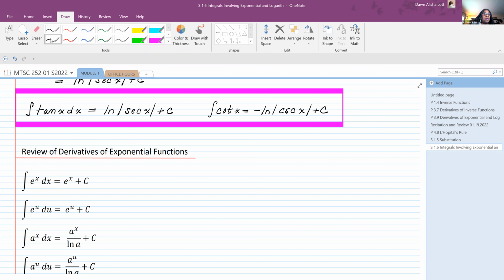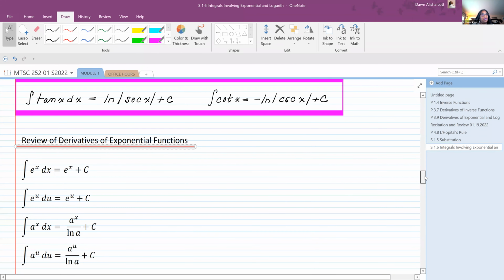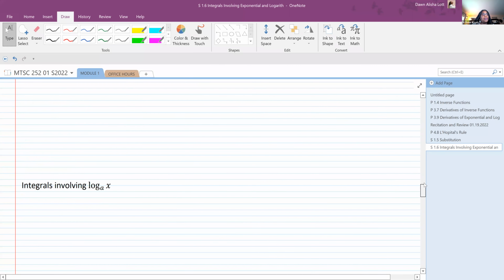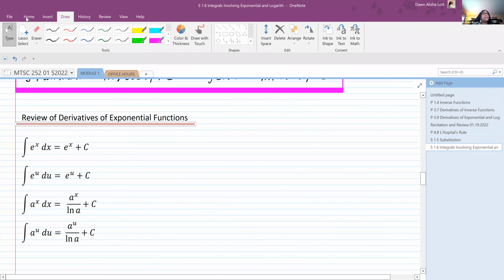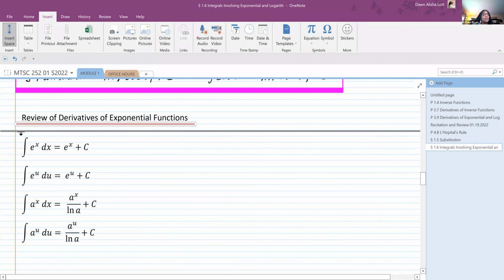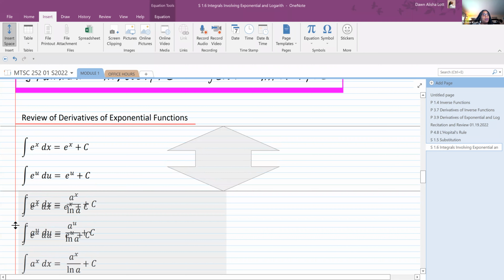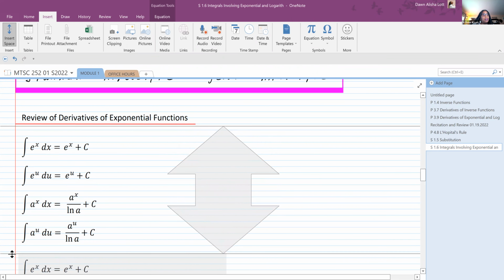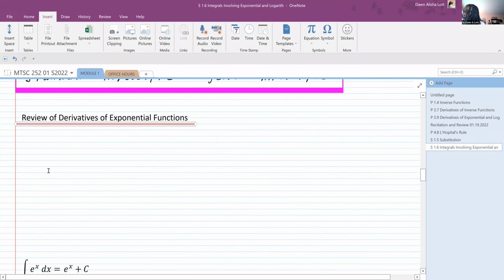I forgot to review the derivatives. I think I forgot that part. Okay, let me slide that in. Those are the integrals. I forgot the derivatives. All right, let's do it.